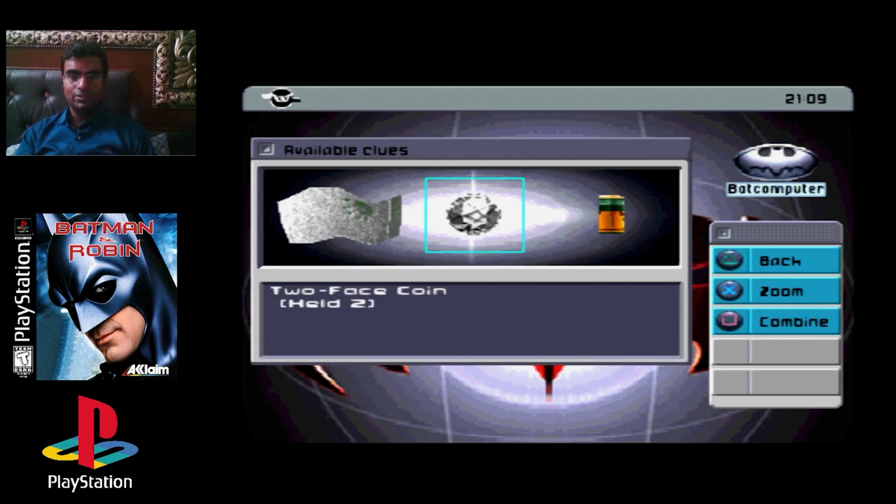So these are the 4 references that this classic game called Batman and Robin uses about the Batman Forever movie, which was released in 1995, starring Val Kilmer as the hero, Bruce Wayne or Batman.